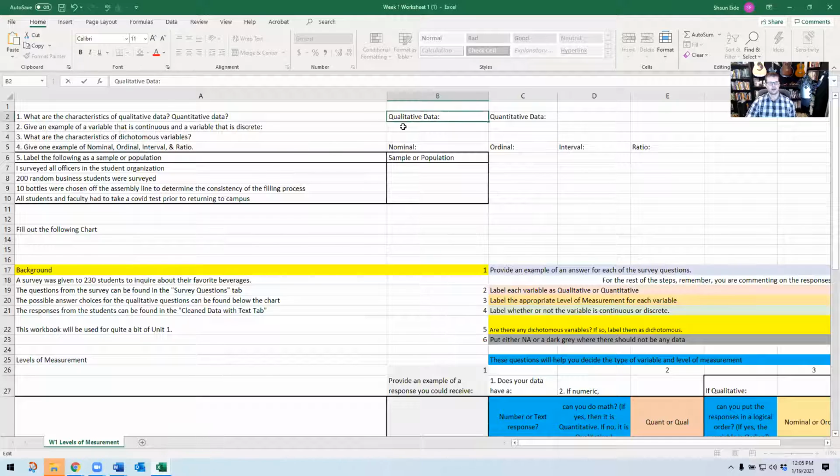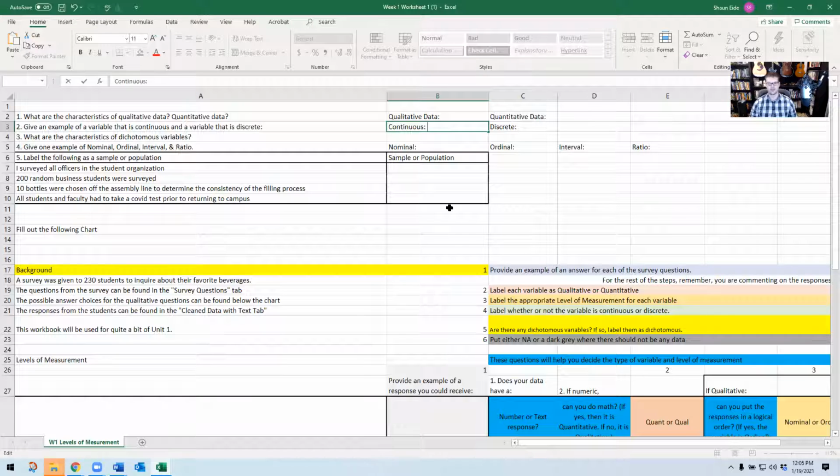Then coming down here, give an example of a variable that's continuous and a variable that's discrete. So we're going to do continuous, then we'll do discrete. An example of something that is not continuous: I have a whole bunch of soda cans.